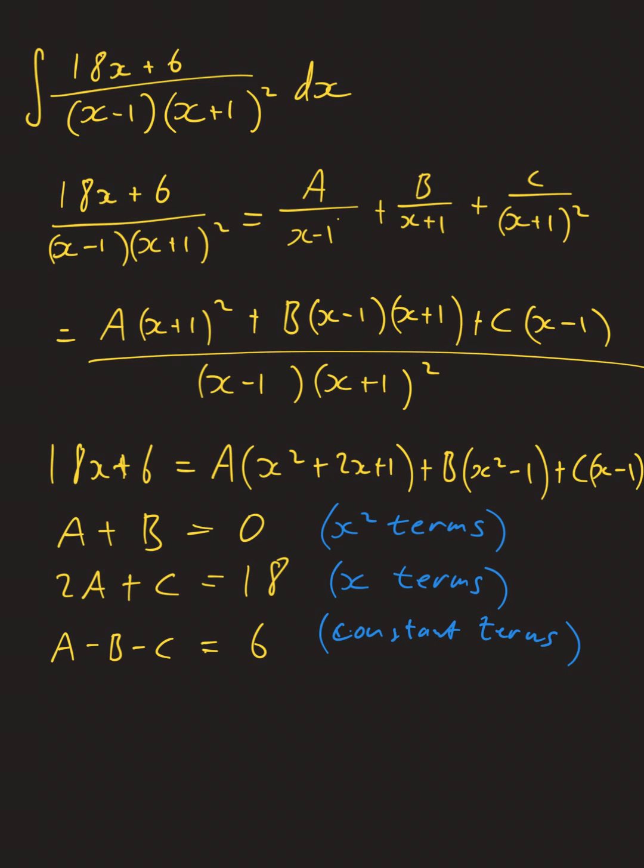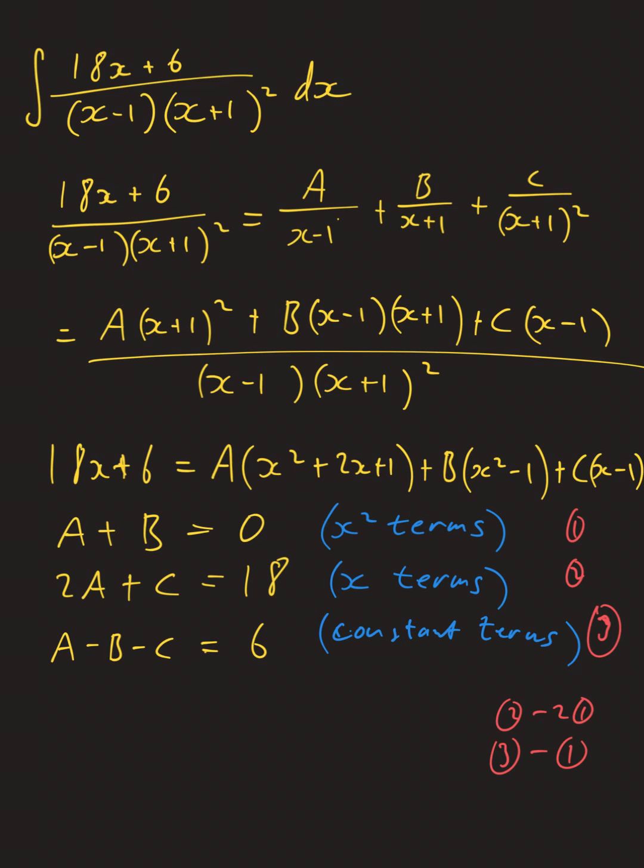What I will do is, if I call these equations 1, 2 and 3, I'm going to take away twice the first equation from the second and 1 times the first equation from the third. So I'm going to have equation 2 minus 2 times the first one, and equation 3 minus equation 1. And that's going to eliminate a from equations 2 and 3.